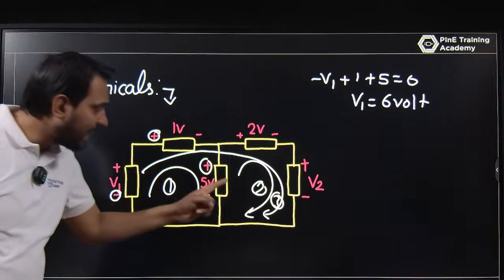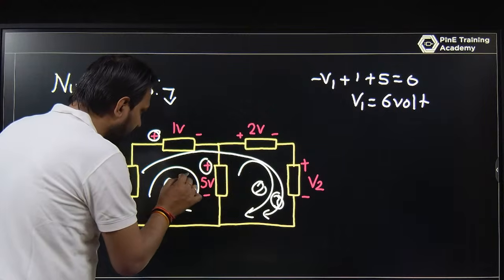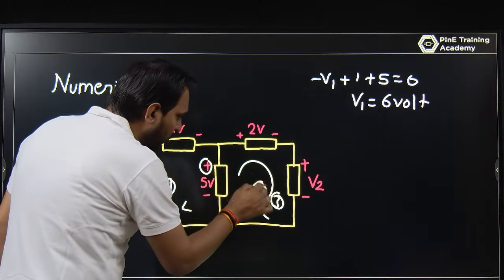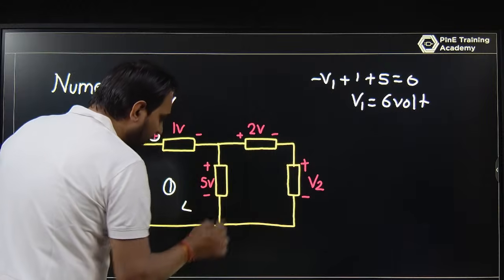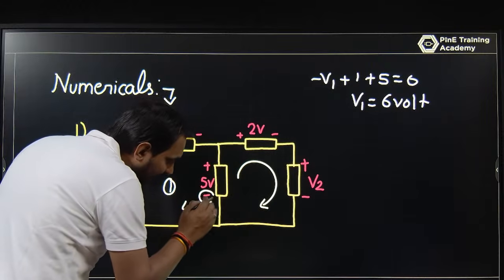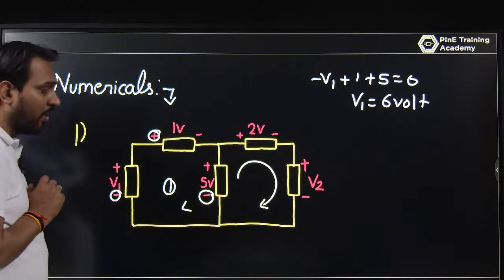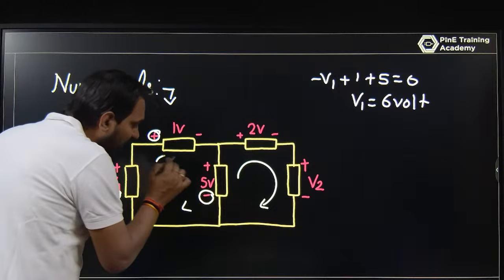Now if I am using the second loop, just focus here. What is happening in the second loop? For the first loop it was positive because the direction is going in this way.